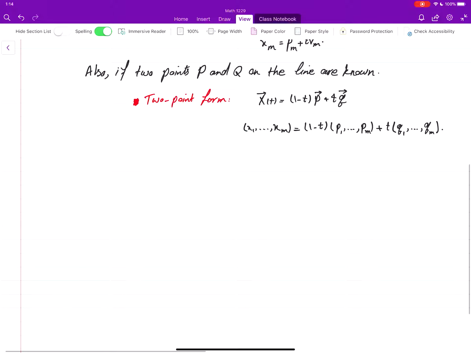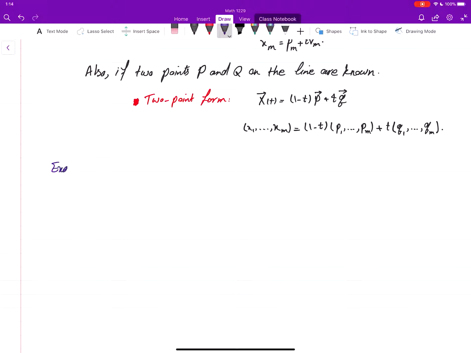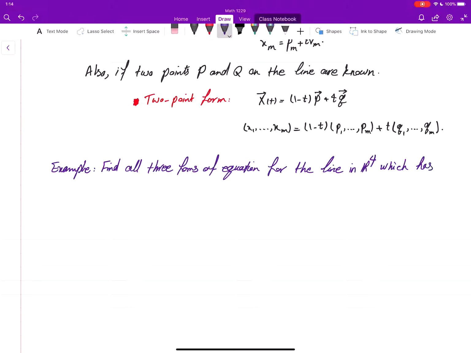Okay, example. Find all 3 forms of equation for the line in R4 which has 2 points (1, negative 1, 0, 2) and (3, 1, 2, negative 1).